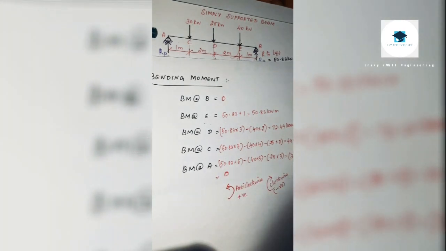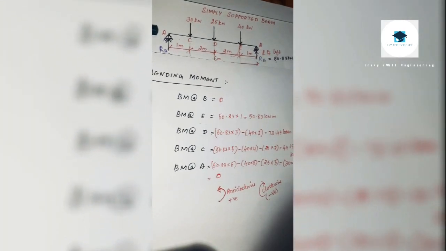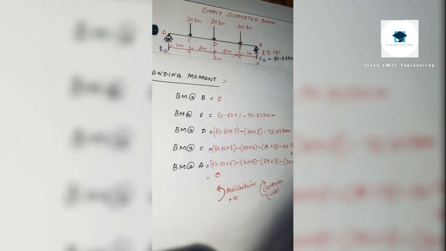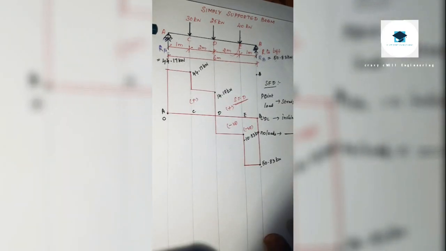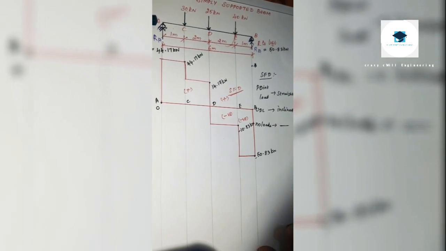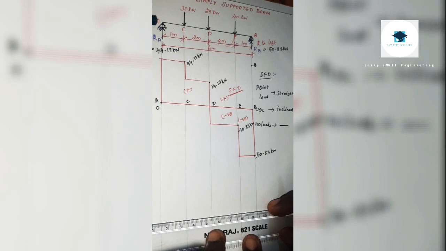Okay, do you understand? Now I am going to draw the bending moment diagram. Draw the datum line.